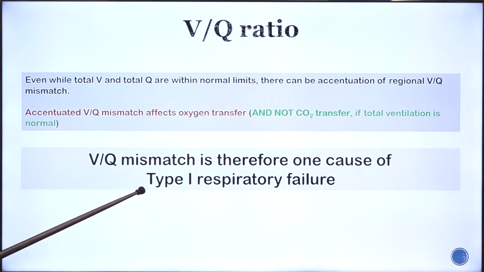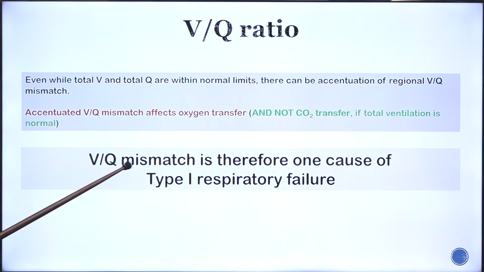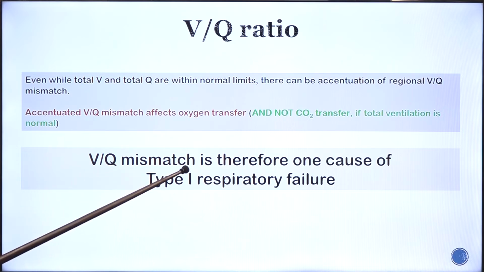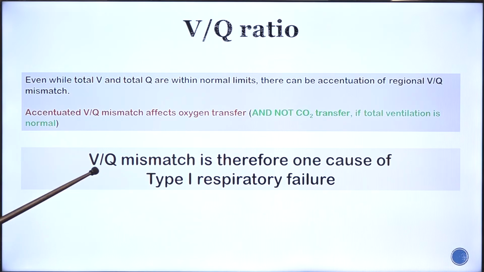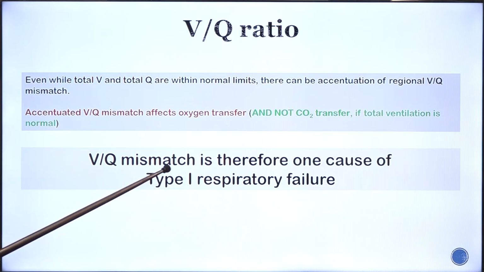Because arterial PCO2 is normal in diffusion abnormalities under which we are classifying VQ mismatch, we already saw that diffusion impairment can occur when there is reduction in surface area of the diffusion membrane, increase in thickness of the membrane, and an accentuated VQ mismatch. We are equating VQ mismatch to loss of surface area.